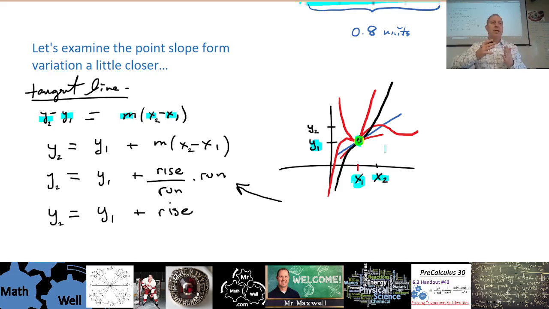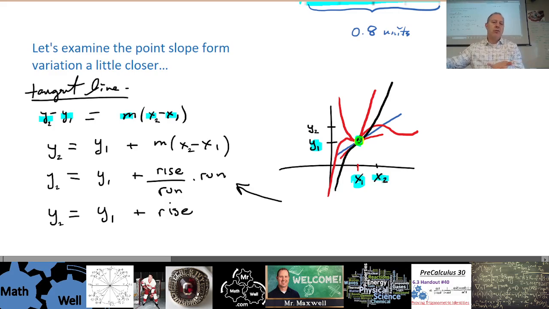The closer you get to the point of tangency, the better the approximation will be. The further away you get, the worse the approximation will probably be. So the questions will say, find the value of a point that is 15 100ths away. Okay, well that's pretty close, and you just do your best approximation. So if we have to choose a value, we're going to choose something that's close, right? But usually that distance will be given to you.